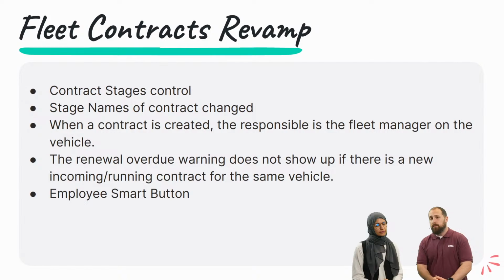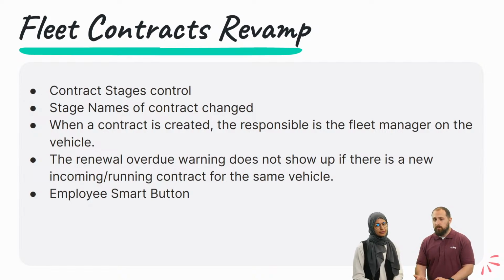We've changed also the stage names for better readability. We've also added the automated action that the fleet manager is set directly on the contract of the vehicle when you create a new contract.